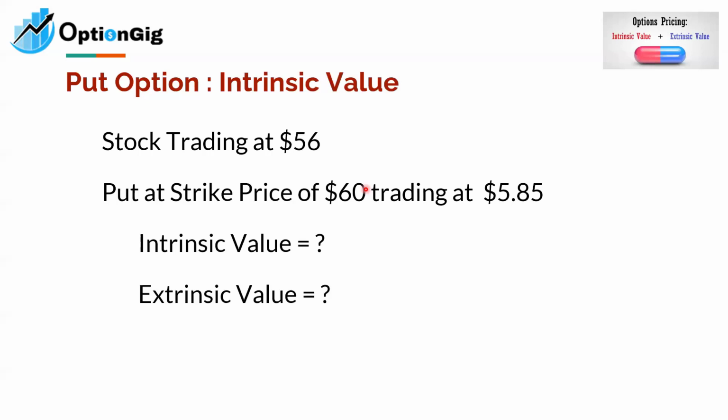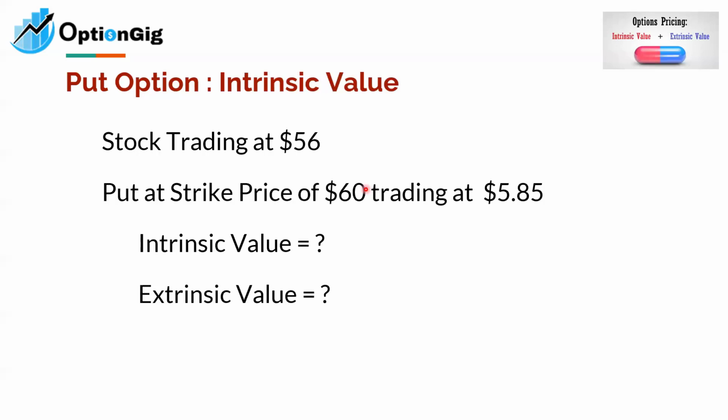How about this? This is a little different. Now stock is trading at 56. In this case, I'll be happy that I have a put option at a strike price of 60. So I don't care, even if the stock goes to 40, I will still be able to sell the stock at 60. Now this is really beneficial for me. The put option is really working for me.